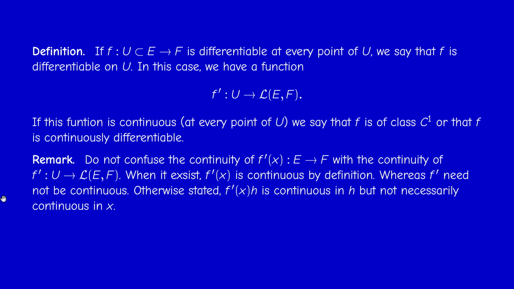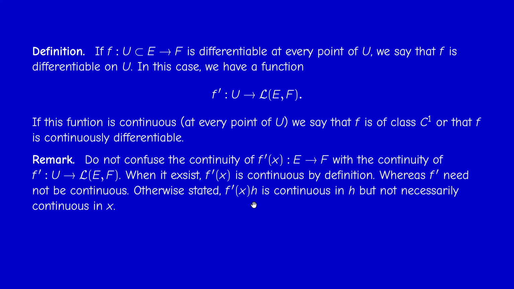So, in simpler terms, if you consider the term f prime of x applied to h, or df x h, it's actually a function of two variables. It's a function of x and a function of h. So the definition tells us that as a function of h for fixed x, this is continuous in h.